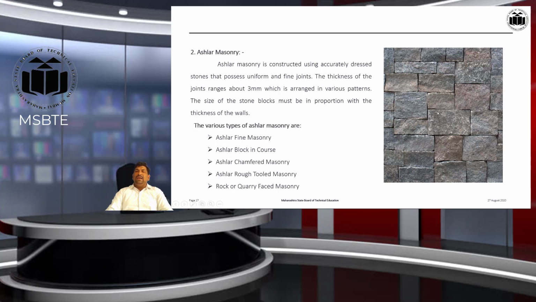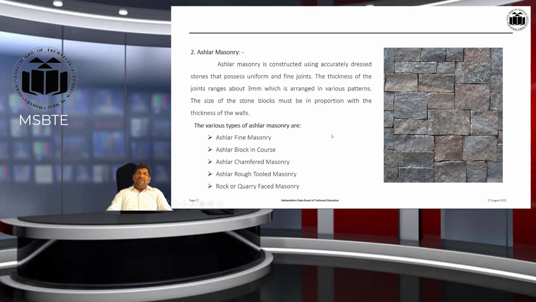You can observe that in rubble masonry, no proper dressing is done to the stones, but in ashlar masonry, properly dressed stones of different shapes and sizes, as required, are used and then the masonry is constructed. You can observe in this image that proper layers are there and proper jointing of about 3 mm thickness occurs, and such masonry is called ashlar masonry.